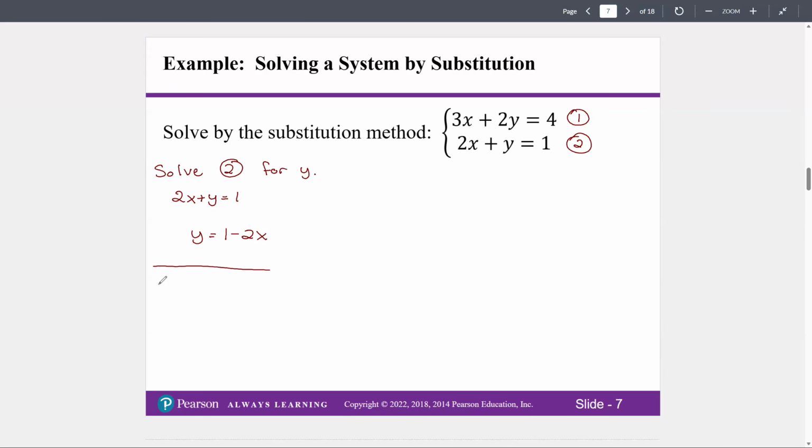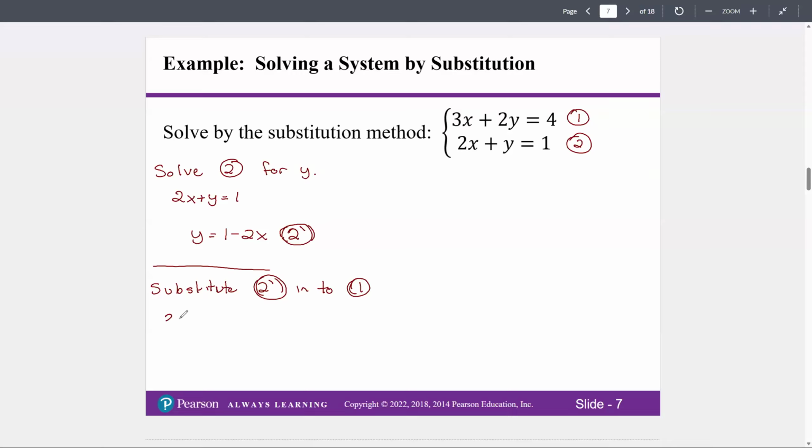So we're going to substitute. We're going to call this a new line. We're going to call it 2 prime, since it's still equation 2, it's just rewritten. But we're going to substitute my 2 prime into line 1 now. So like I said, you're always going to put it into the other equation.